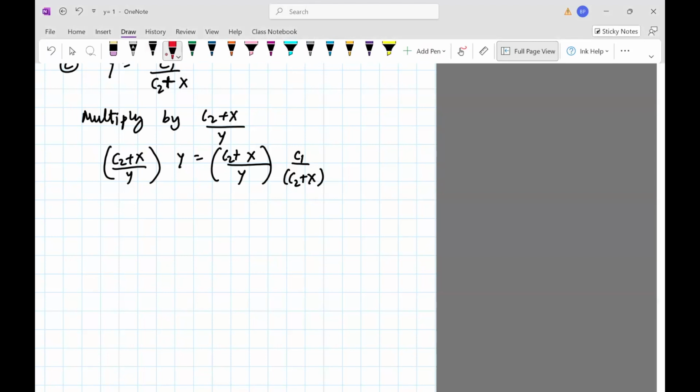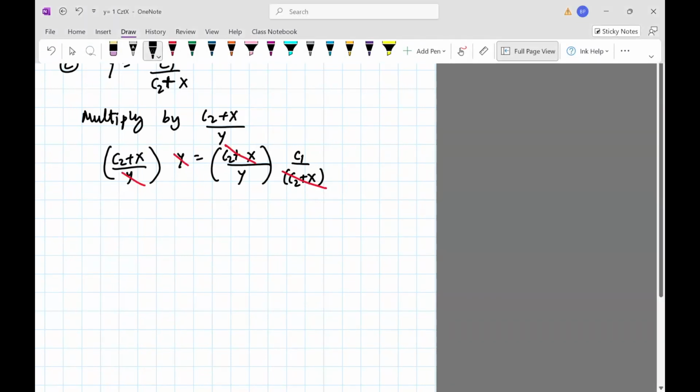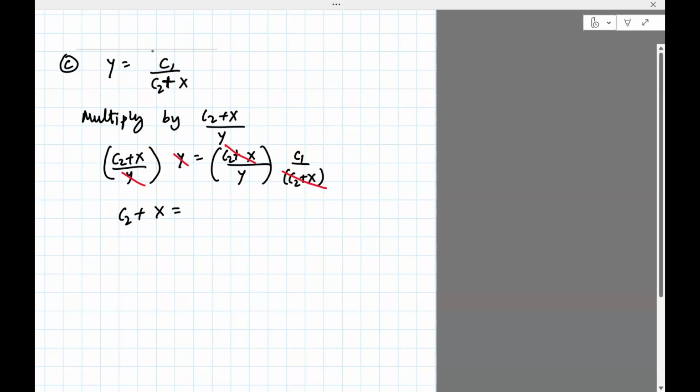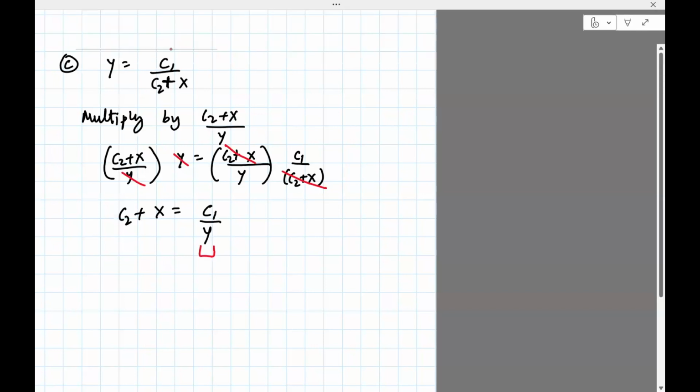So what you observe is that this cancels off, this cancels off, and you're left with c2 plus x equals c1 divided by y. Now what you can do is the following. You could just call this z. Wait, hold on, it's not in standard form.